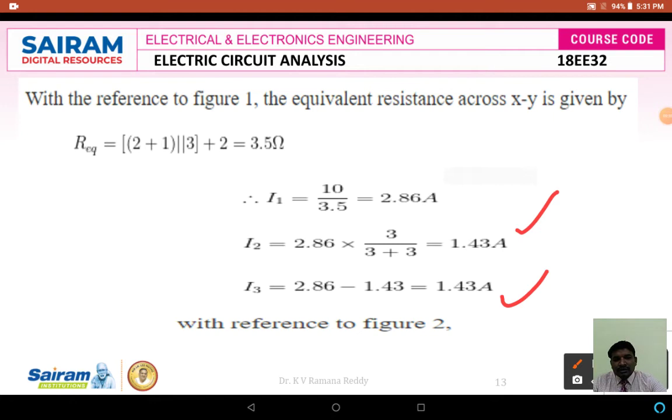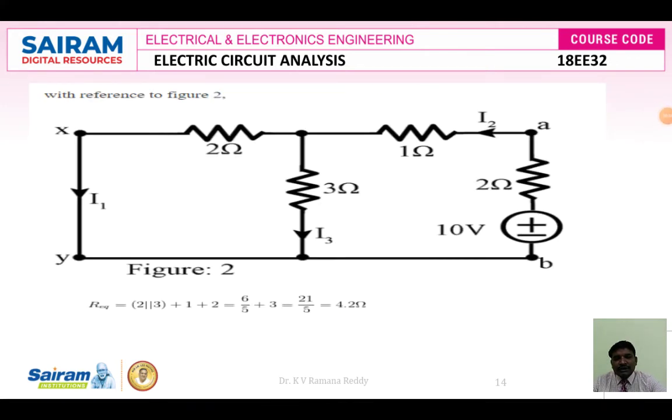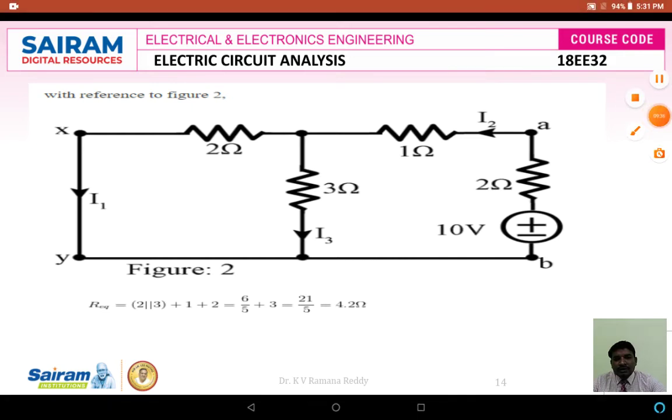Next, according to the reciprocity theorem, we have to interchange the source and load positions. In the circuit shown in figure 2, we short circuit the 10 volts voltage source here, and place that 10 volts source in series with this 2 ohms resistor.